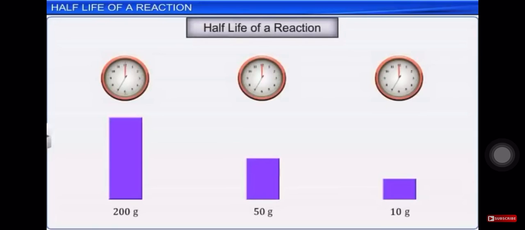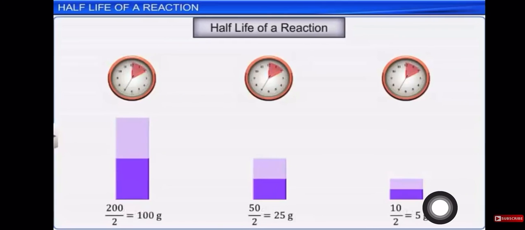Basically, half life means the time at which, or we can say at half of the time, what is the concentration of the same. When half time happens, this 200 grams will become 100, 50 will become 25, and this 10 grams will become 5 grams.